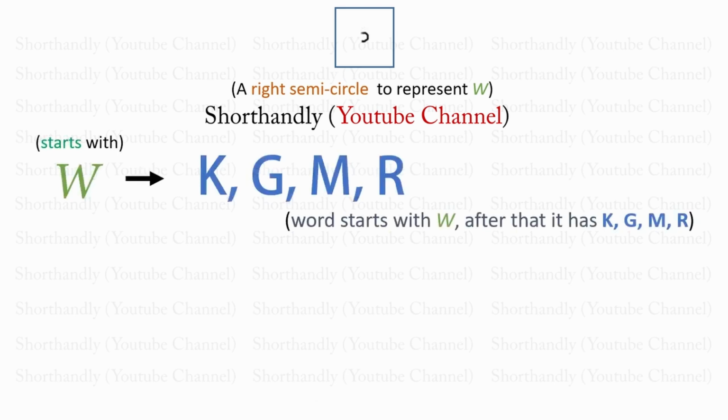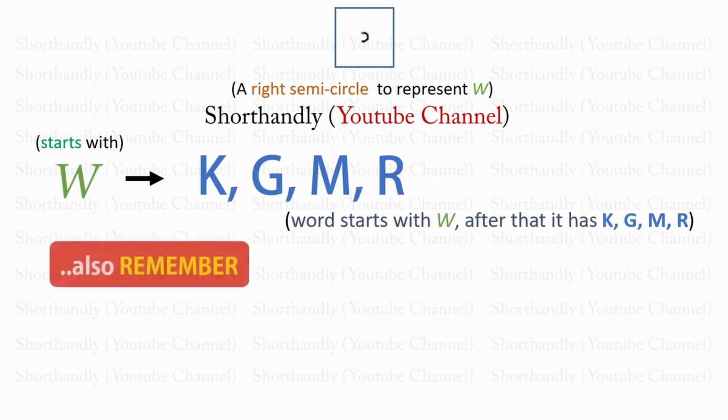The condition is: the word starts with way, and after that it has K, G, M, R, which means that whenever you have any word which starts with the way consonant and just after that you have any of the four consonants K, G, M or R, then in that case you will always be making the right semicircle to represent the way consonant.